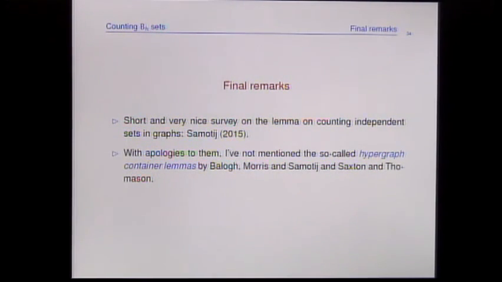If you want a nice introduction to this, I recommend this survey by Wojtek Samotij, which appeared recently. He shows several applications of this in combinatorial problems and problems in combinatorial number theory also.